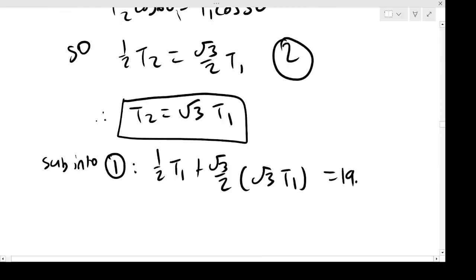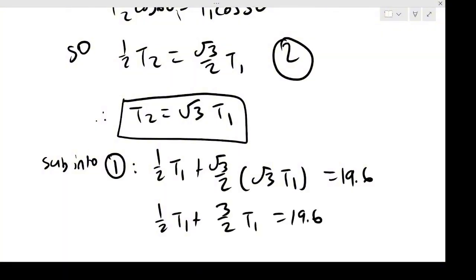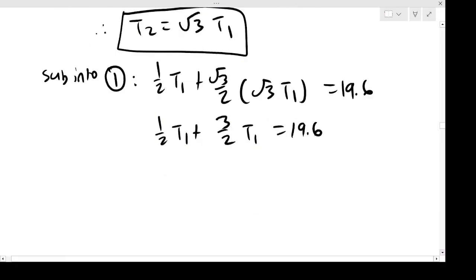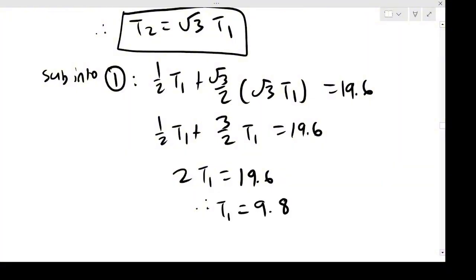So now we can solve this for T1, right? A half T1 and root 3 over 2 times root 3 is 3 over 2 T1, equals 19.6. That simplifies to 4 over 2, which is 2T1 equals 19.6. Therefore, T1 is just going to be 9.8.